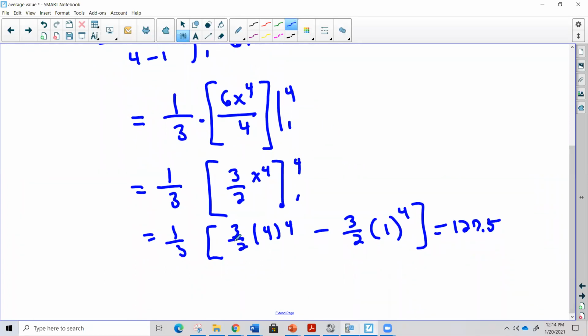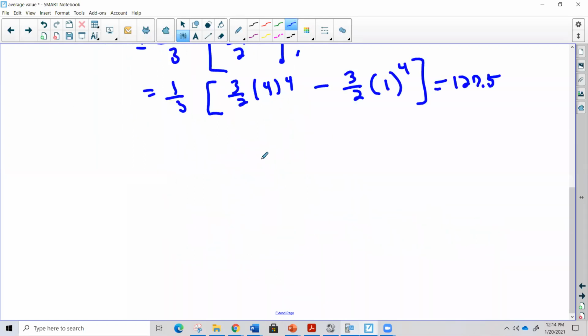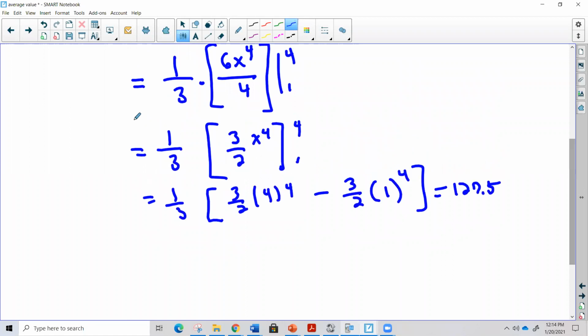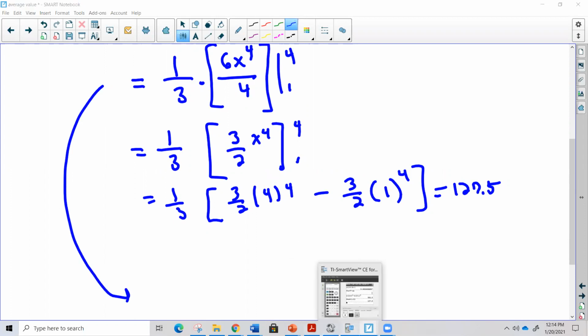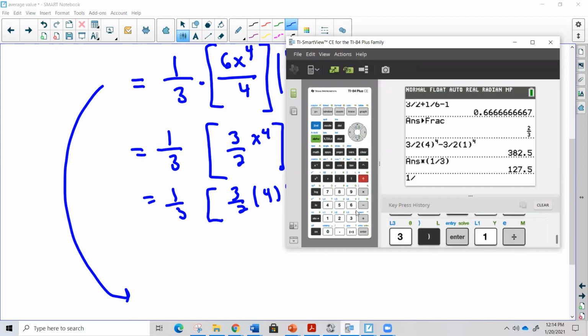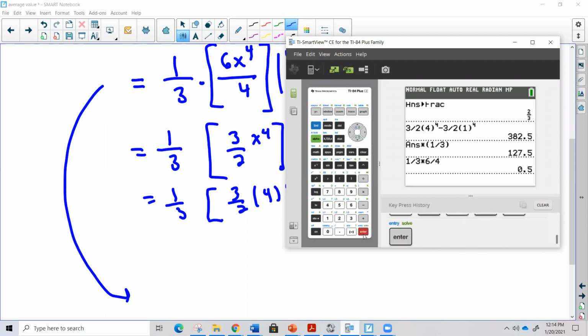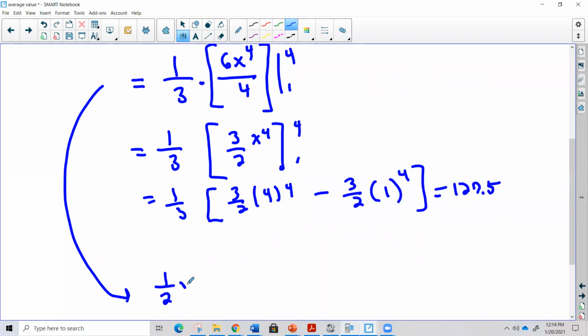Just to show you quickly, if I did it from this step here, 1/3 times 6/4, I just get 0.5 or 1/2. So if I made this 1/2 x to the fourth and then plugged in 1 and 4, I should get the same thing.